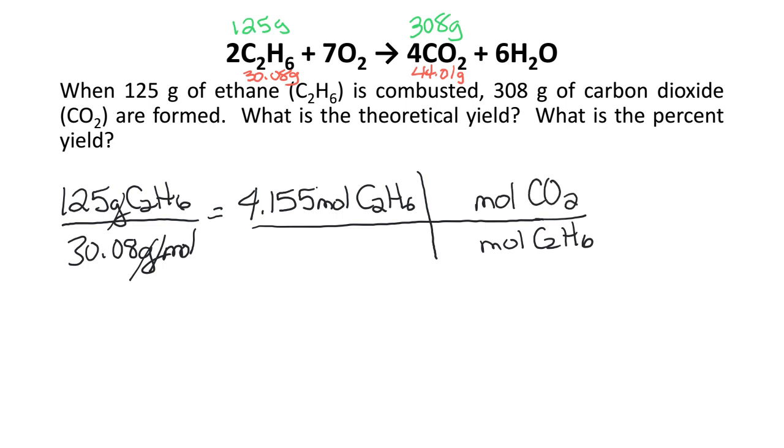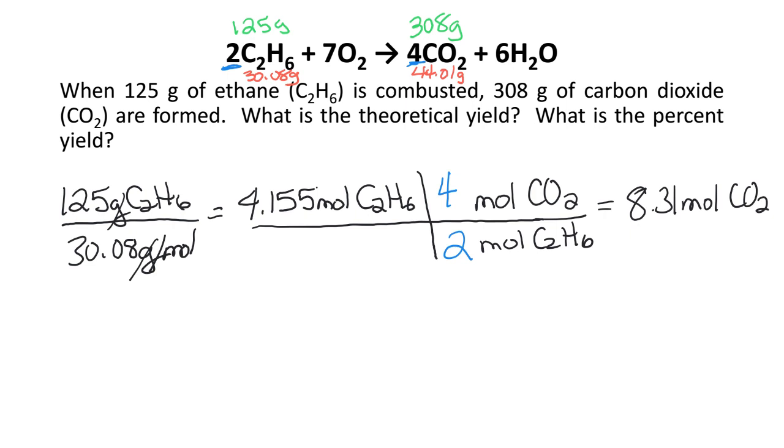Now I'm going to look in my equation, and I've got 2 moles of C2H6 down here, and the 4 here, 4 moles of CO2. And that's going to give me 8.31 moles of CO2.